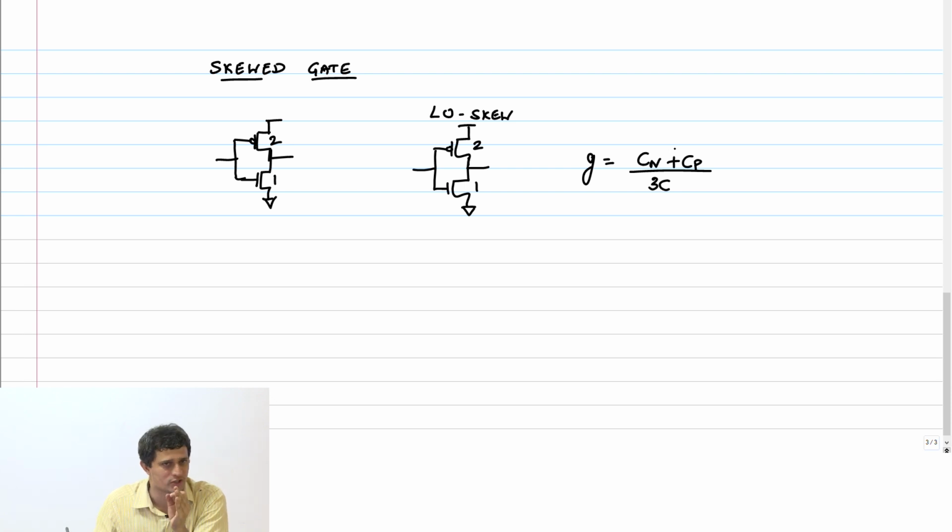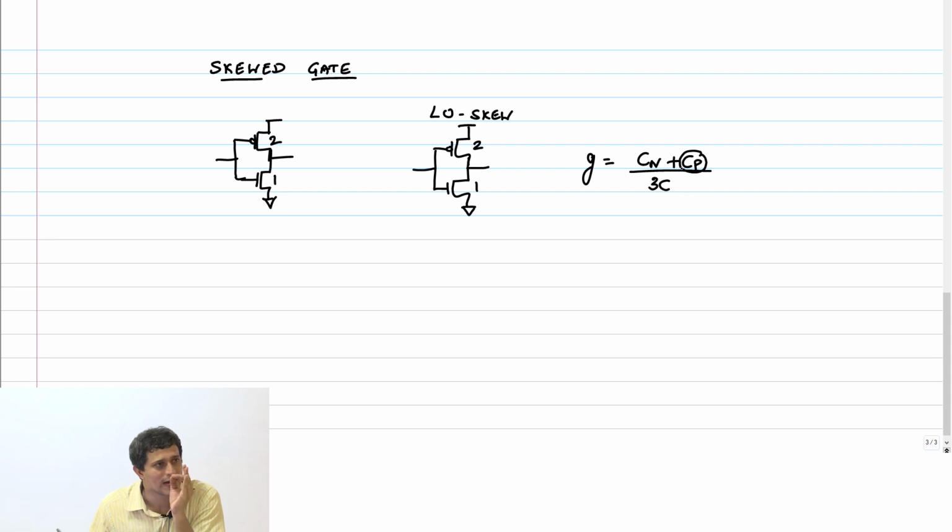The falling edge is determined by the pull down stack, and therefore it is determined by the NMOS transistor's capacitance, resistance, and all that. This guy is just a dead weight that is adding to the capacitance if I consider only the falling edge.